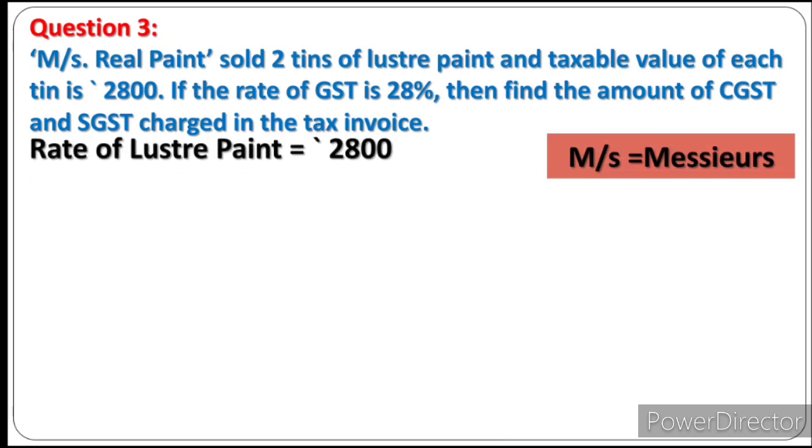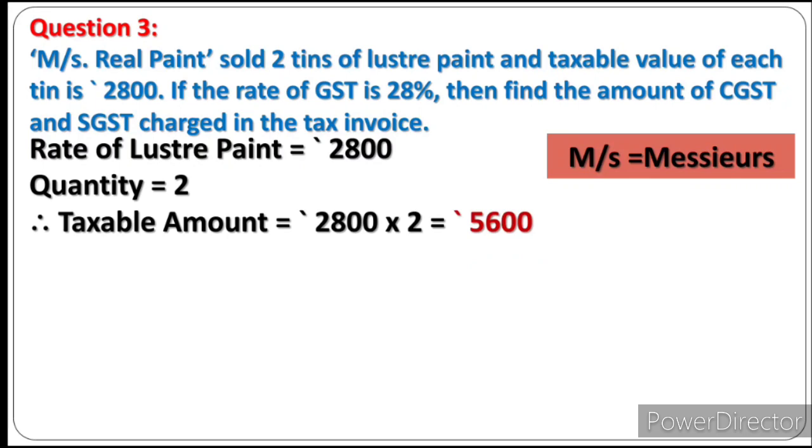We'll see the rate of luster paint is 2800 rupees, meaning the cost price of a single tin is 2800 rupees. The quantity is 2, so the taxable amount will be multiplied by 2, that is 5600 rupees.